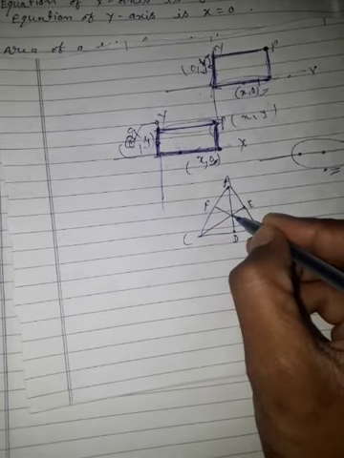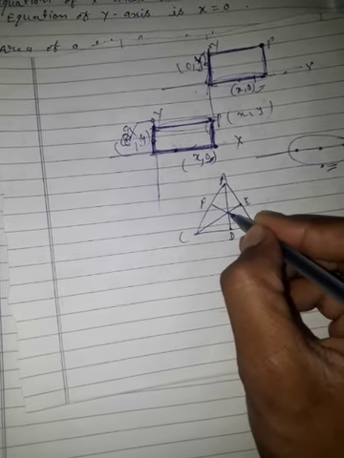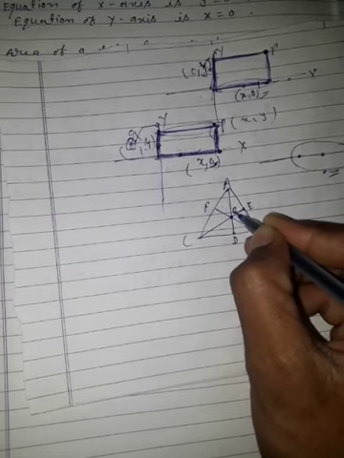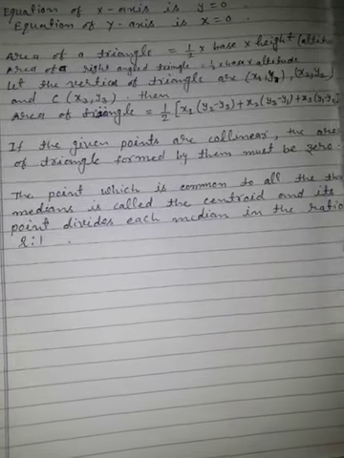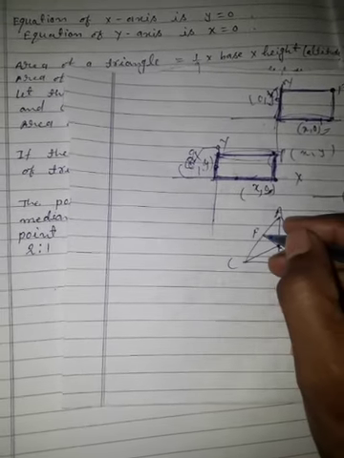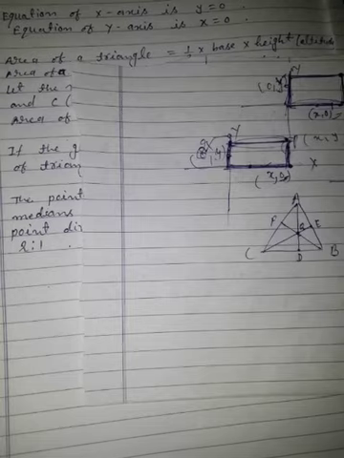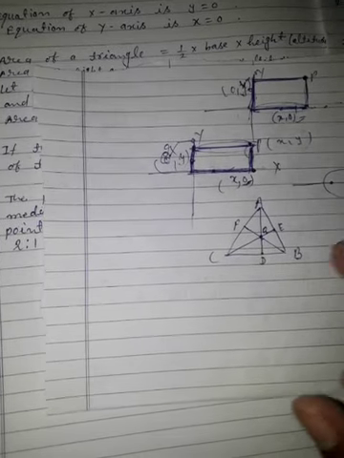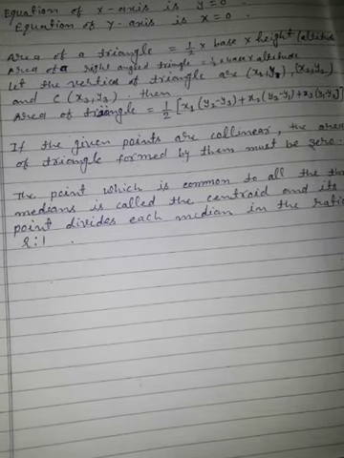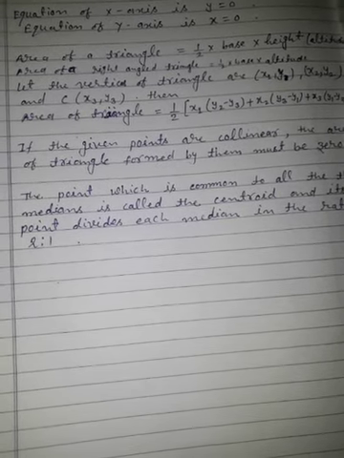These medians intersect at a point G. This G is called the centroid. The number of medians in a triangle is 3. These medians intersect at one point.